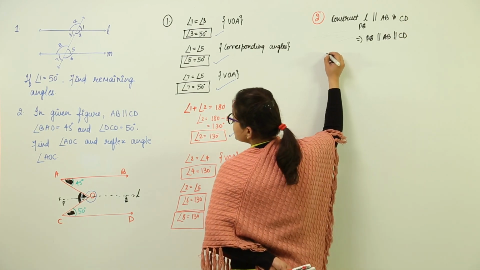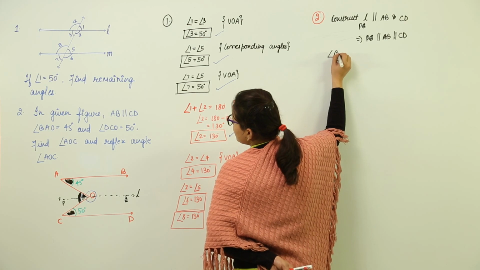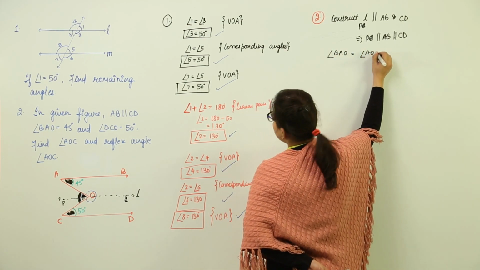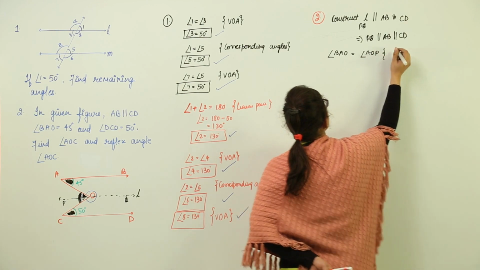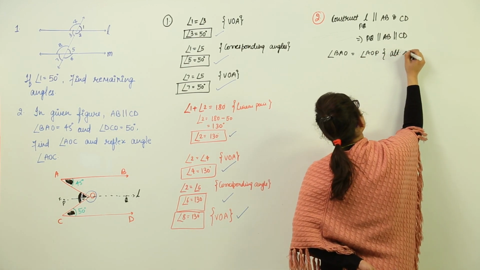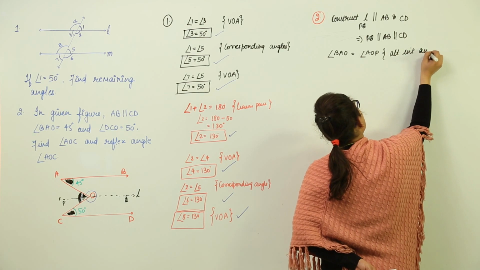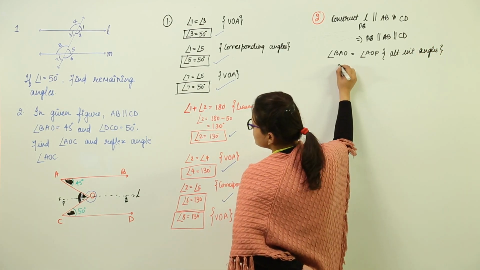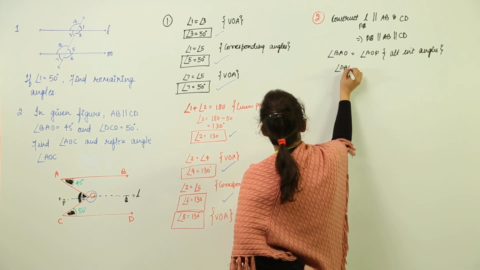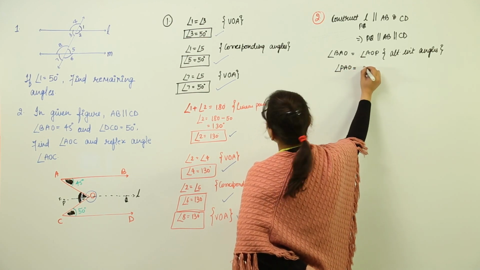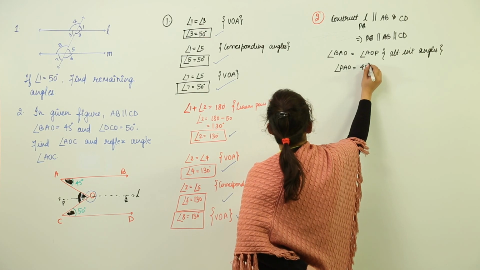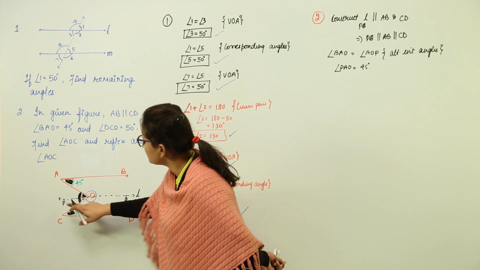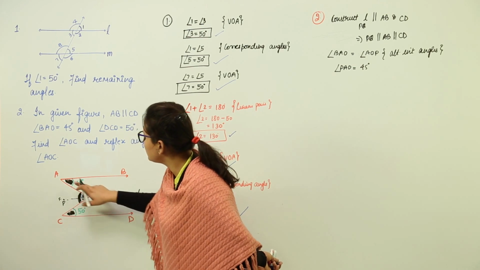We can come to the first point, that would be angle BAO would be equal to angle AOP. Reason being, they are forming alternate interior angles, and as per the property we have done, alternate interior angles are equal to each other, due to which we get angle AOP equal to 45 degrees. You write it as AOP or POA.